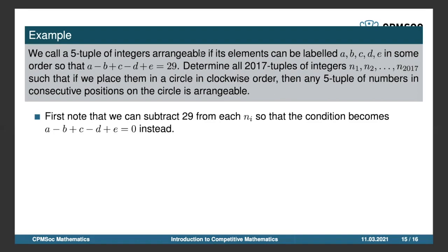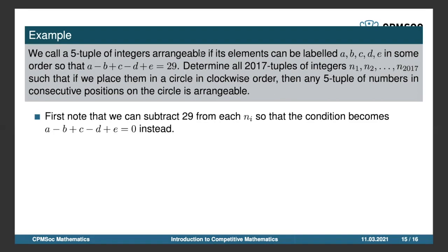So what we could do is, since we have this 29 over here, we could try to transform all the integers so we have a nicer sum instead of 29. It turns out that this alternating sum and difference is very convenient, because if we subtract 29 from every number in the circle, A will go down by 29, and negative B will go up by 29, C will go down by 29, negative D will go up by 29, and E will go down by 29.